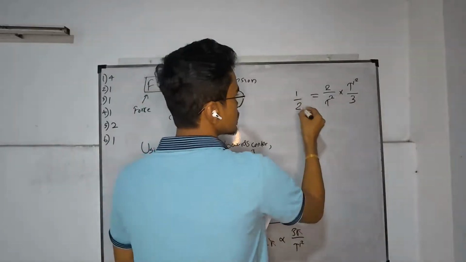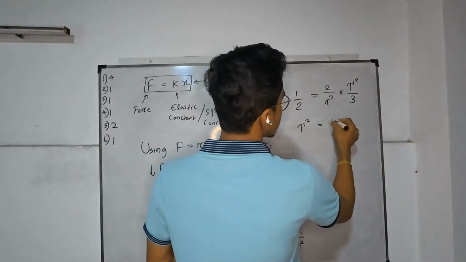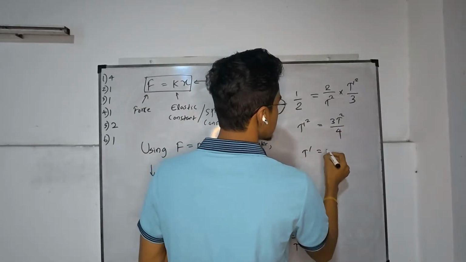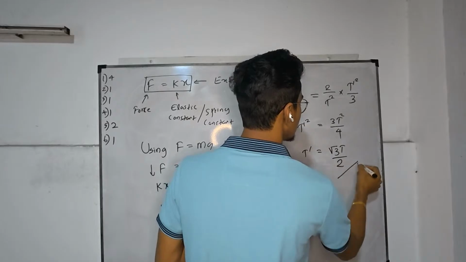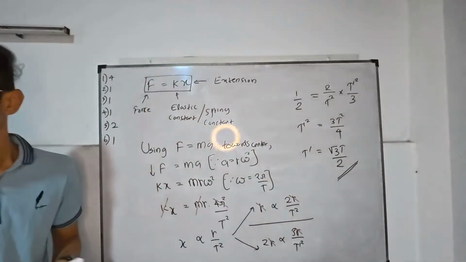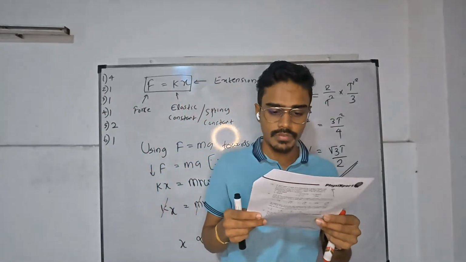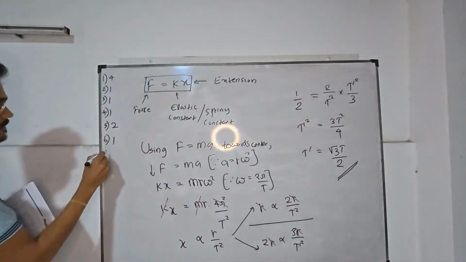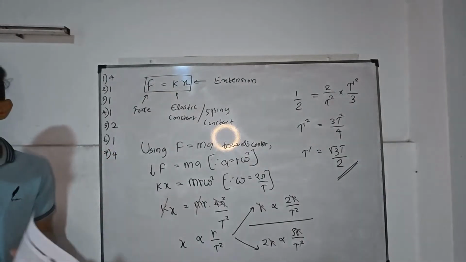I need T dash, so making T dash squared the subject, T dash squared is 3T squared over 4. So T dash is root 3 T over 2. The answer is answer 4. For 7, answer 4.